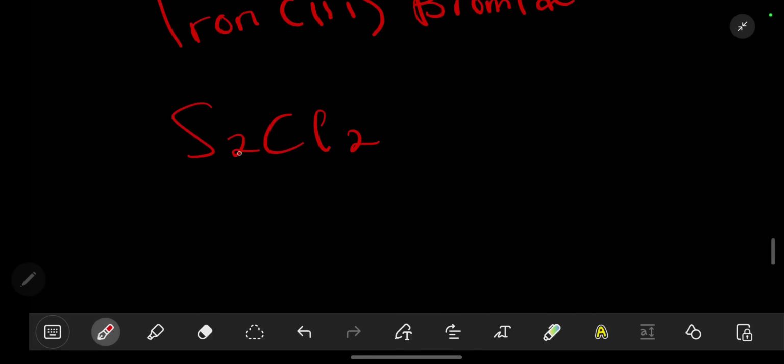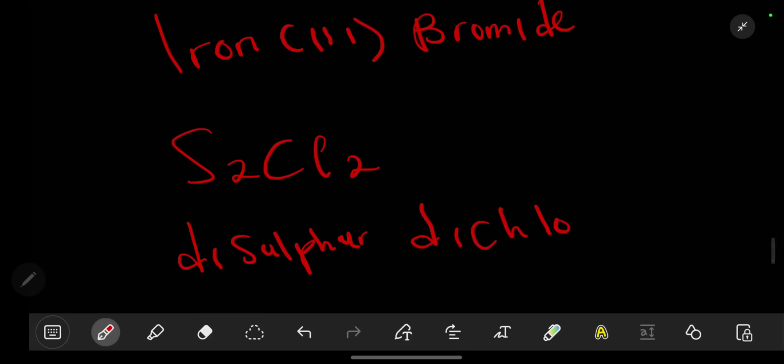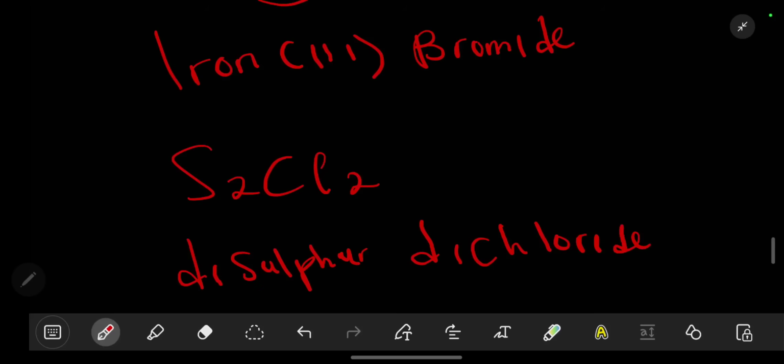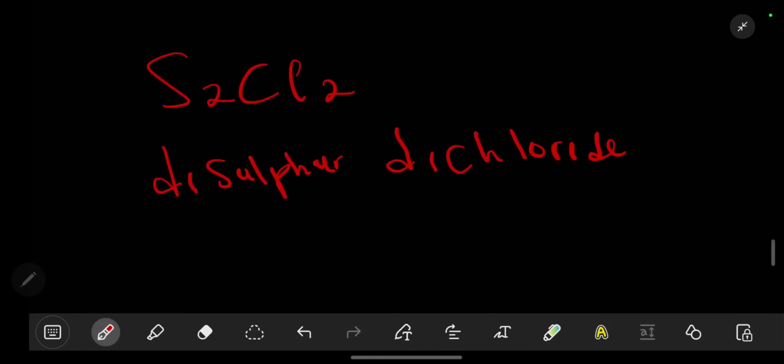Since there are 2 sulfur, you are going to say di means 2, so we say disulfur, then dichloride. So we have disulfur dichloride like that.